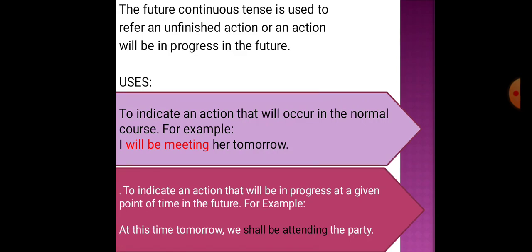For example, I will be meeting her tomorrow. Then it is also used to indicate an action that will be in progress at a given point of time in the future. For example, at this time tomorrow, we will be attending the party.